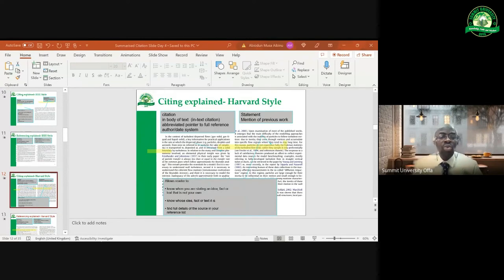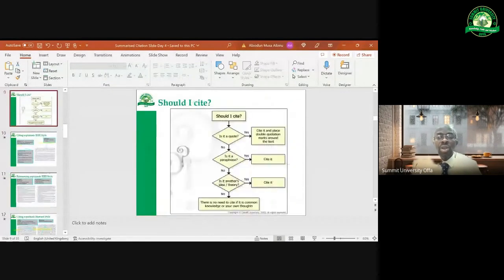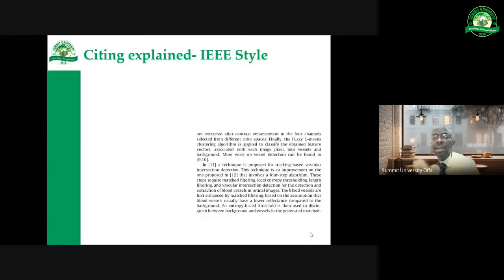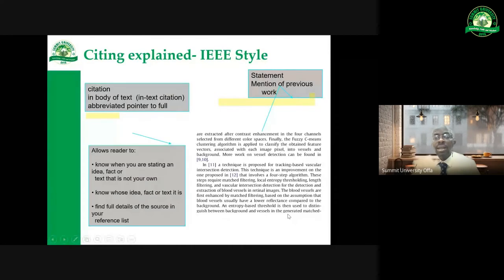Let's look at what we have on the screen right now, especially this paper that we are looking at. You will see that we have in-text citations there, but not quotation; it is more or less paraphrasing and summarizing.